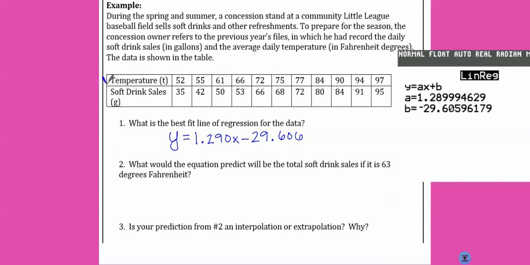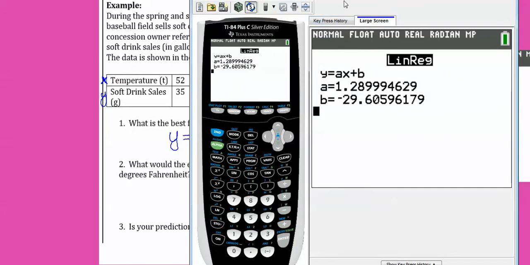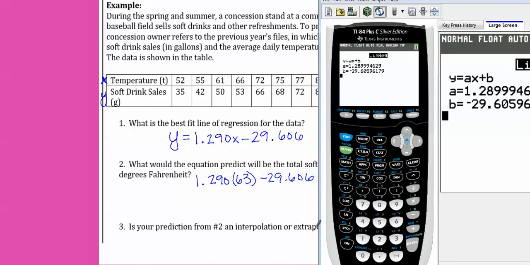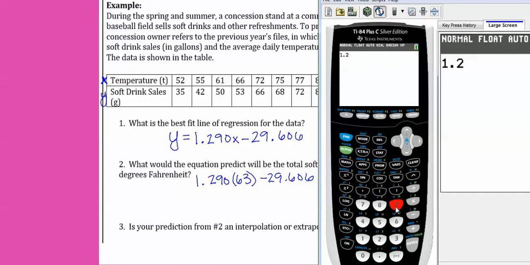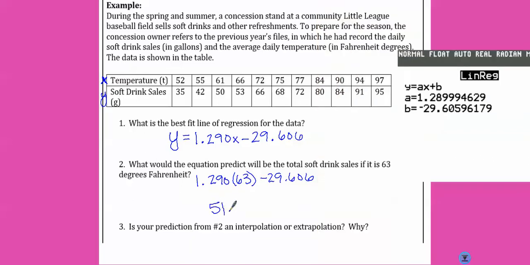Well, temperature was our X's and soft drinks were our Y. So if we plug 63 in for X, we know that there would be approximately 51.664 gallons of soft drinks.